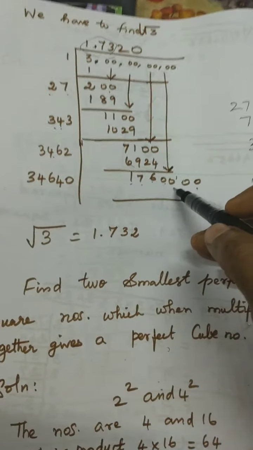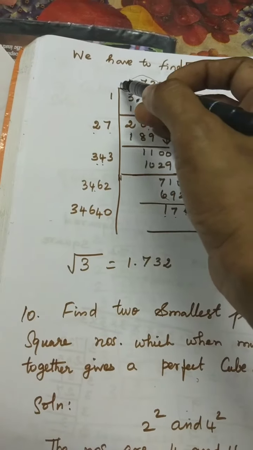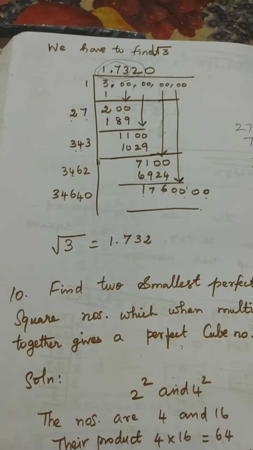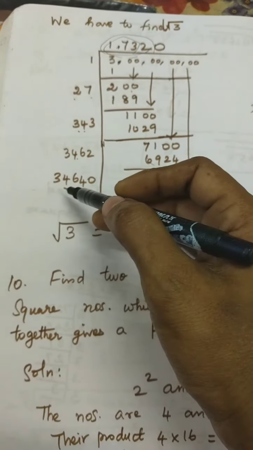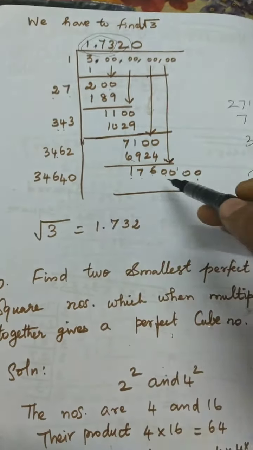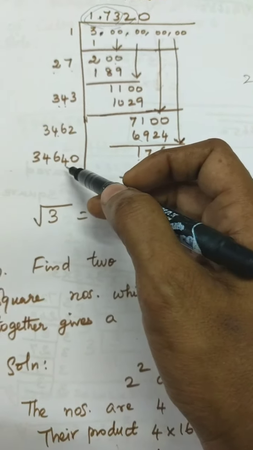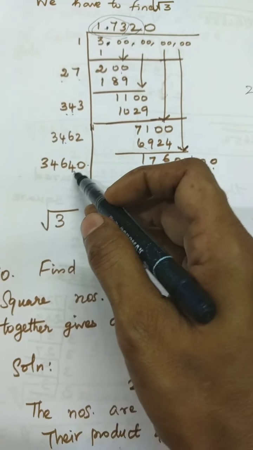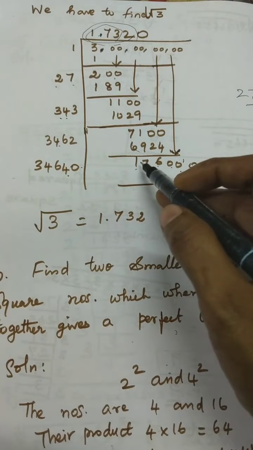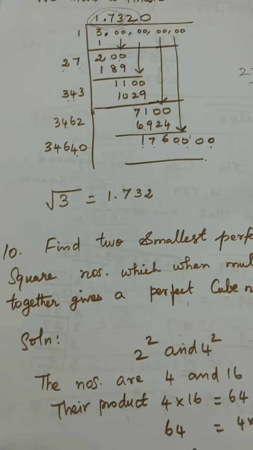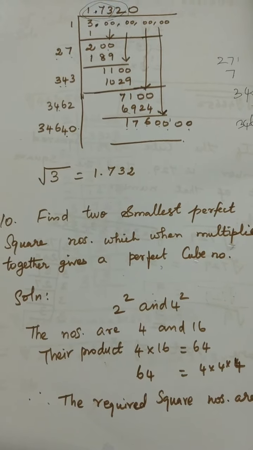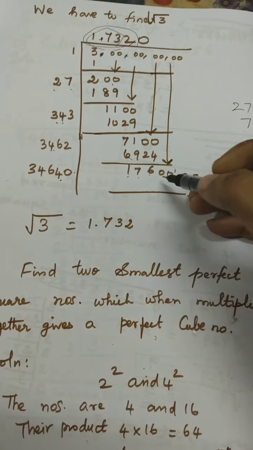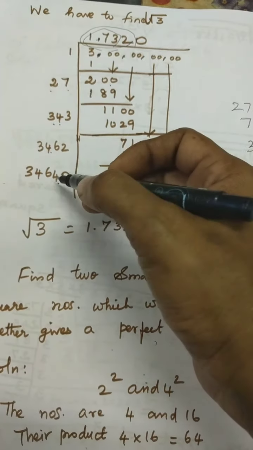Okay, now we have to multiply for all this, 1.732 into 2, so 3464. Now here 34,064 is here. If you add 1 zero, 34,640. Here we have only 17,600, so we cannot divide this because this is a smaller number. It is very big.